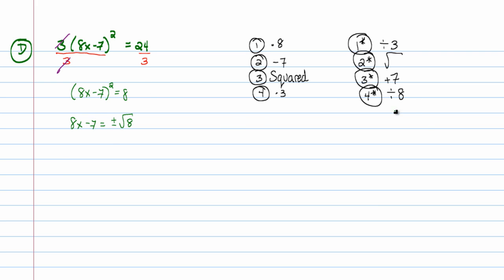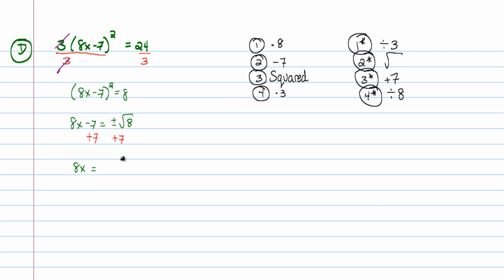Now I'm going to go ahead and add 7 to both sides. I know some people are probably asking me why I'm not simplifying that radical. The reason why is because I haven't talked about radicals in lectures yet, so I don't force anybody to simplify yet. But I will do it at the end for those who know how to simplify radicals. So I add 7 to both sides. So the left-hand side is now 8x.